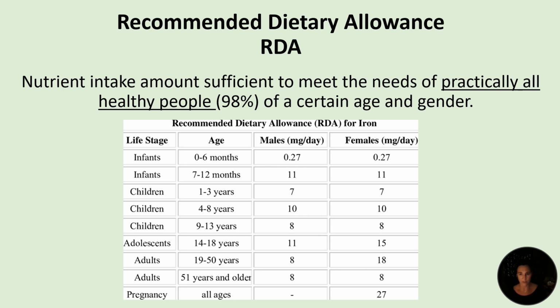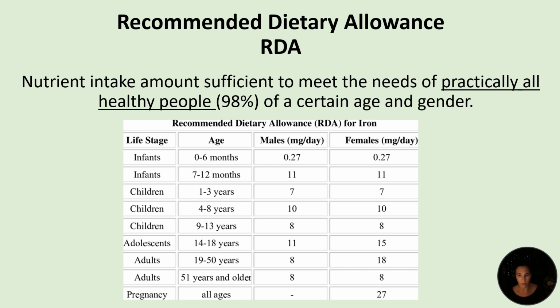So here you can see the RDA, the recommended dietary allowance for iron. We've got life stage here, we've got age, and then we've got the milligrams per day, the RDA for males and females. So here you can see they're pretty much the same until we get to adolescents and adults. And you can see that females end up needing a lot more, especially once we get to this 19 to 50 years range.